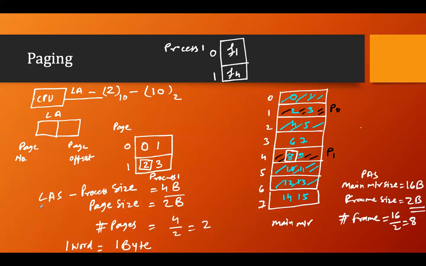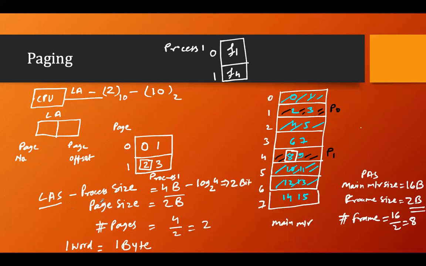This is the logical address space. How will we convert the logical address space into the physical address in terms of bits? Here you know that it is of 4 bits. It means that if we take log base 2 of 4, it will give me 2, meaning 2 bits.